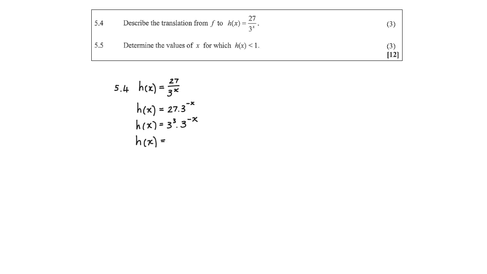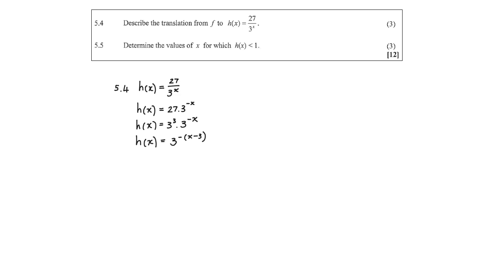That can be rewritten as 3 to the power of minus x plus 3. And then 3 to the power of 3 minus x can be rewritten as 3 to the power of minus x minus 3.